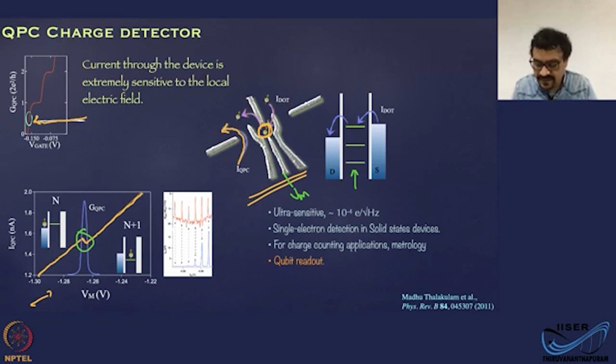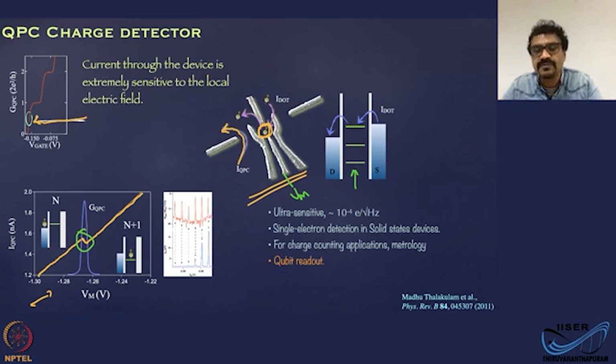This is technologically really important, because in this range, measuring the electron tunneling event by measuring the current through the dot is almost impossible, because the current levels are in attoamps or even lower. So you cannot measure this current with any commercial or even homemade preamplifiers.